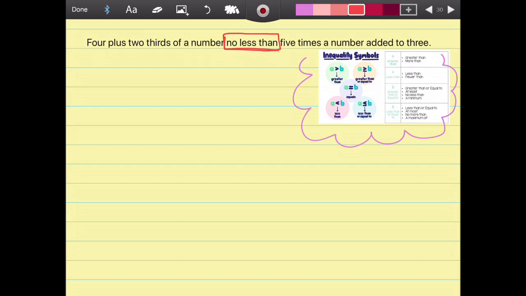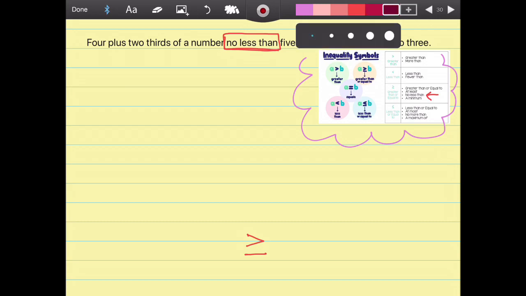If I look to my side, at the poster, no less than goes with greater than or equal to. So I know my symbol is going to be greater than or equal to.